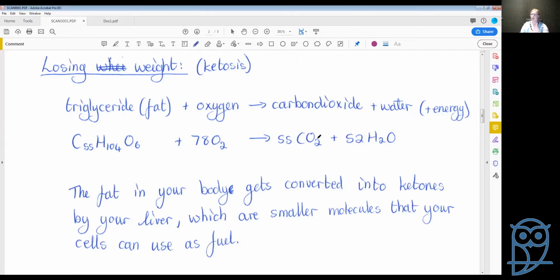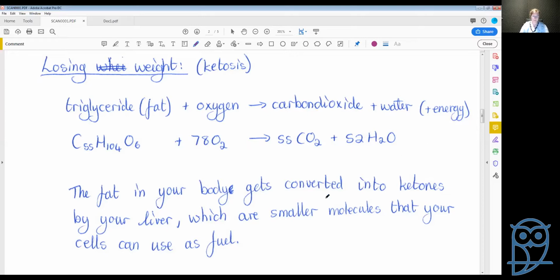So it gets released from the fat cells where it's stored, goes into your bloodstream, gets converted by your liver into ketones, which goes back into your bloodstream, which can then go to your cells, and they can then use these ketones, sort of like they use the glucose molecule in respiration, in order to get some energy. So this is a slightly more energy intensive process for your body, and your body doesn't get quite as much energy from this as it does from just using glucose.